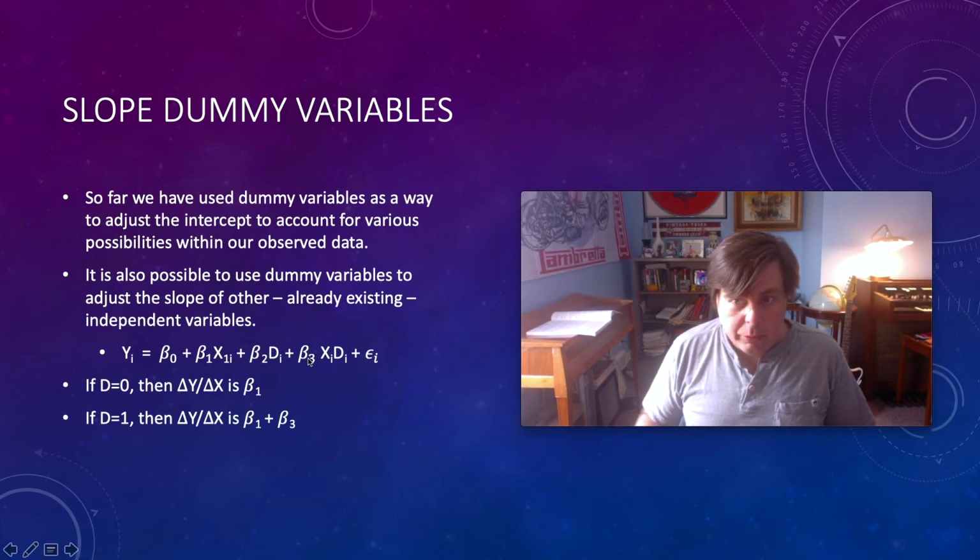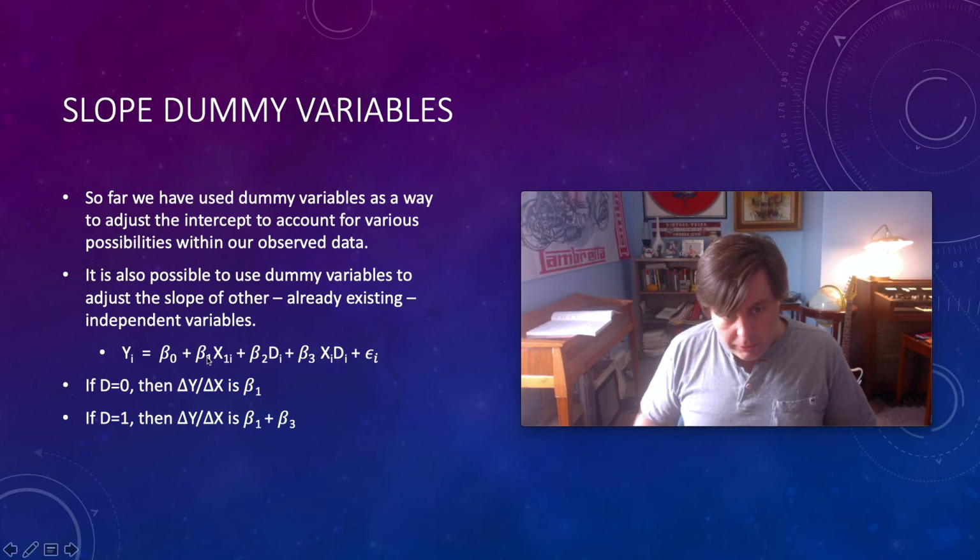It could be positive or negative, but let's just start with the simple idea that it's positive. Then the impact of movements in our x variable on our y variable can be interpreted in our regression results as the sum of the estimated coefficients beta 1 and beta 3.